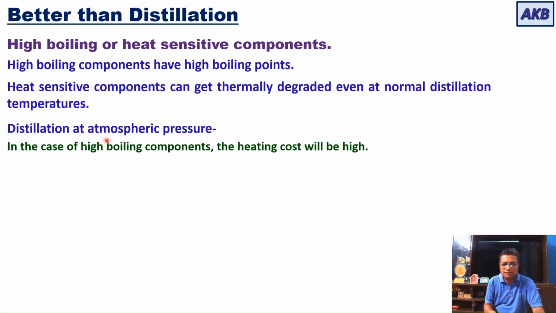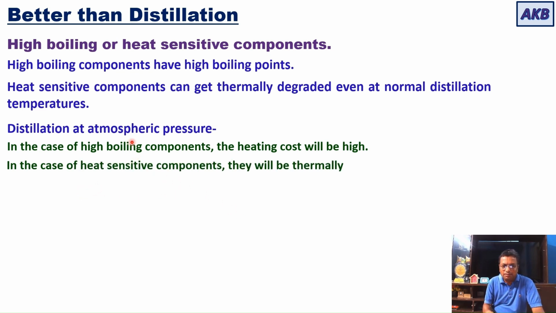So if you carry out distillation at atmospheric pressure, heating cost will be more because you need to heat to relatively higher temperatures. And in the case of heat sensitive components, what can happen at atmospheric pressure? They may get thermally degraded.